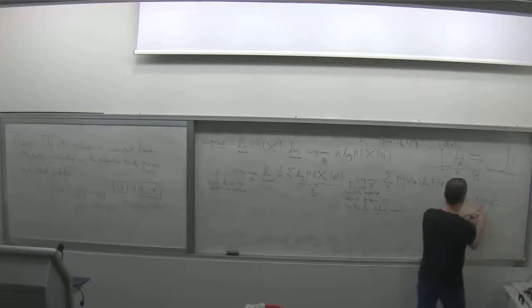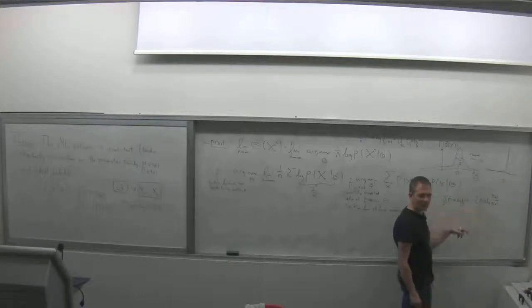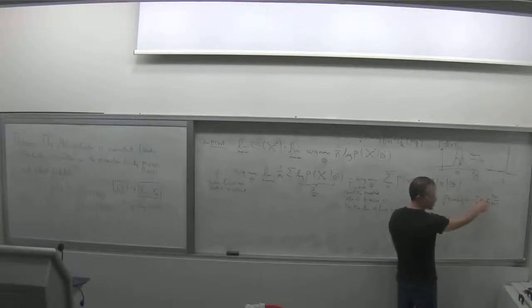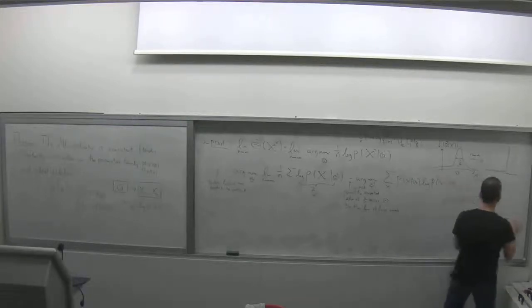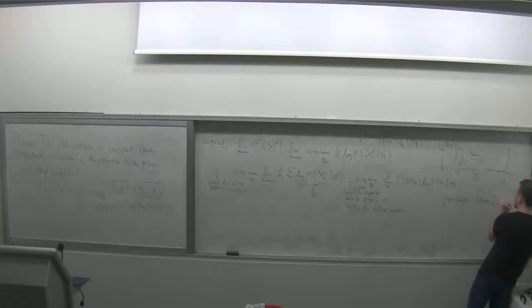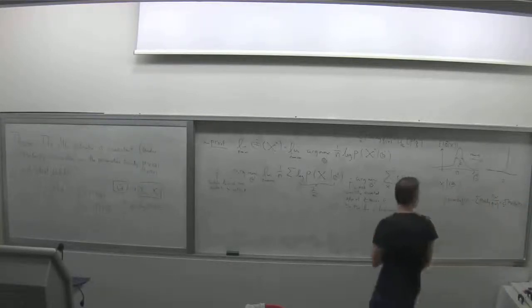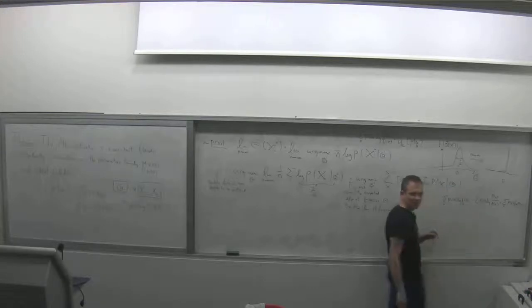So this gives me the P of x log Q of x, right? And what am I missing? Oh, there's the P of x log P of x. So I need to add that back in. So this is plus the sum over x of P of x log P of x. Correct? So this is just equality here.